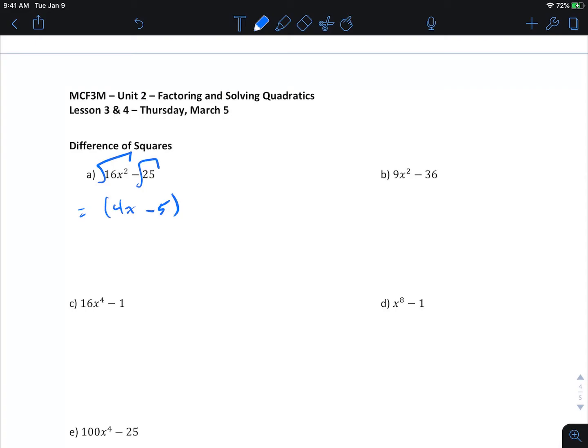If I draw the table out, I need it to come out to be minus 25.